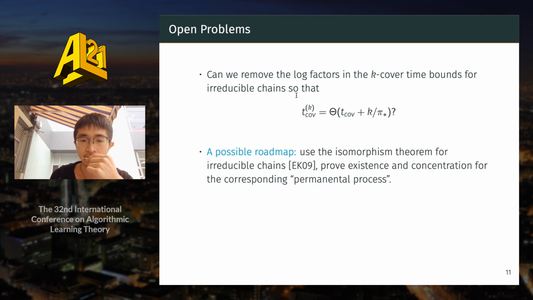A possible way we are trying is to use the isomorphism theorems for irreducible chains that generalize those for reversible chains. Since this isomorphism theorem involves some processes that are less known, less studied, we need to even prove existence and concentration results for these processes related to irreducible chains as well.